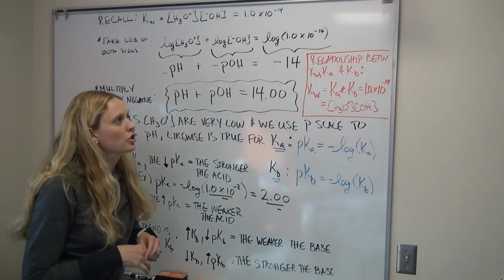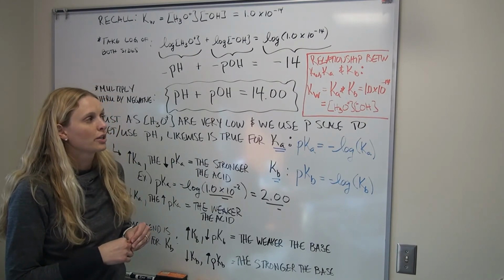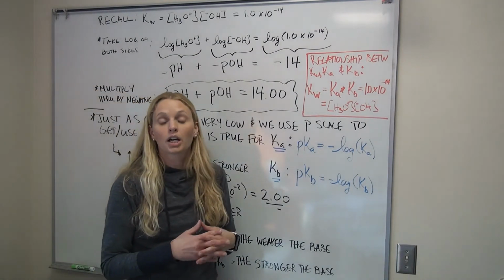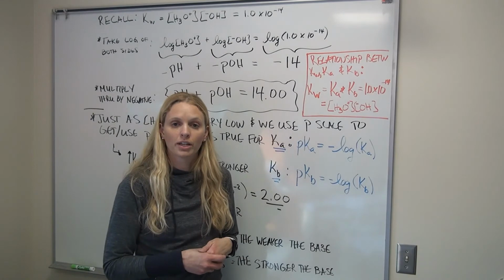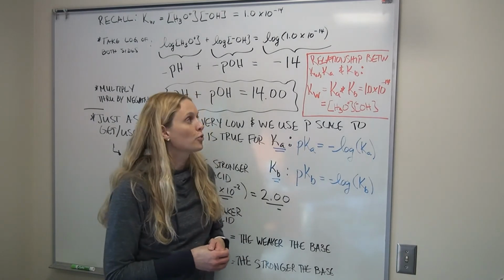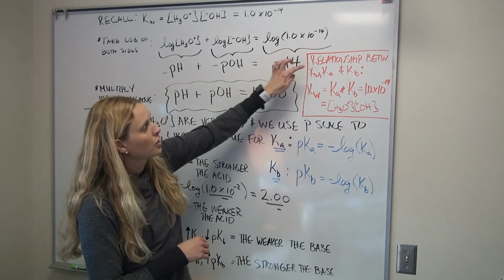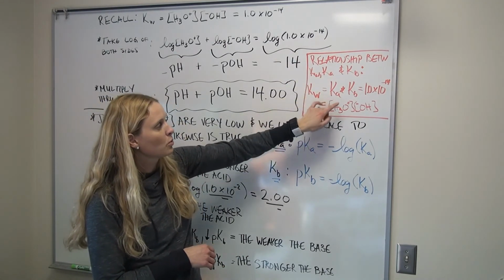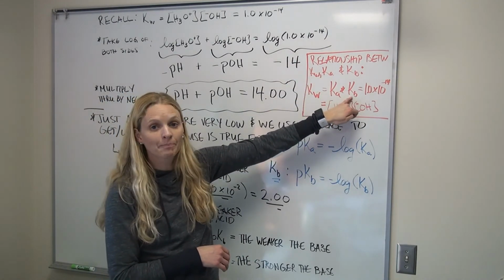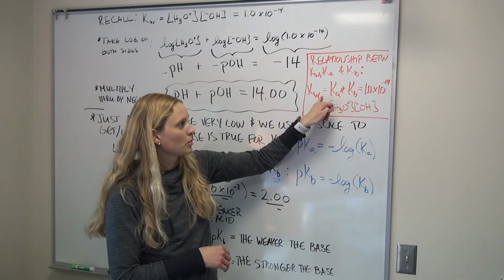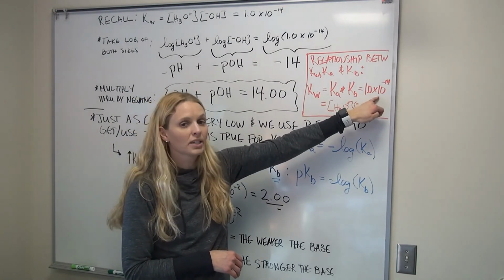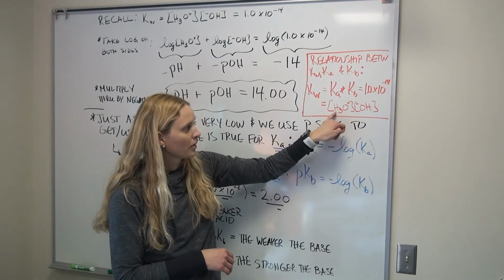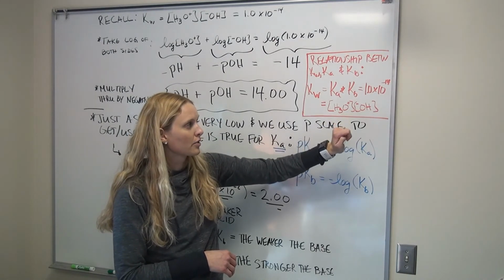One last relationship that I wanted to bring to your attention, and this will complete all of our equations in our toolbox for the flowchart I gave you. The relationship between Kw, Ka, and Kb is such that Kw is equal to Ka times Kb, and we know what Kw is equal to. It's equal to 1 times 10 to the minus 14th, and it's also equal to H3O plus times OH minus concentration.